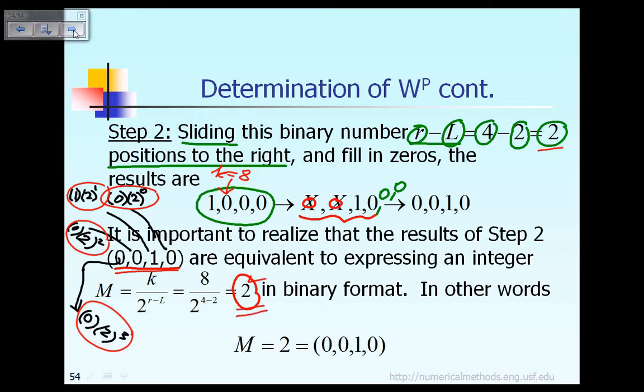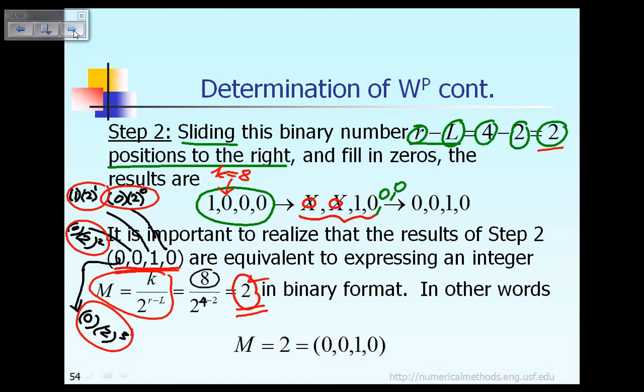Well, that value of 2 actually can be considered as the value m given by the formula k divided by 2 raised to the power r minus l. Why? Well, k is equal to 8. R is equal to 4 because you have capital N equal to 16, which is the same thing as 2 to the power 4.